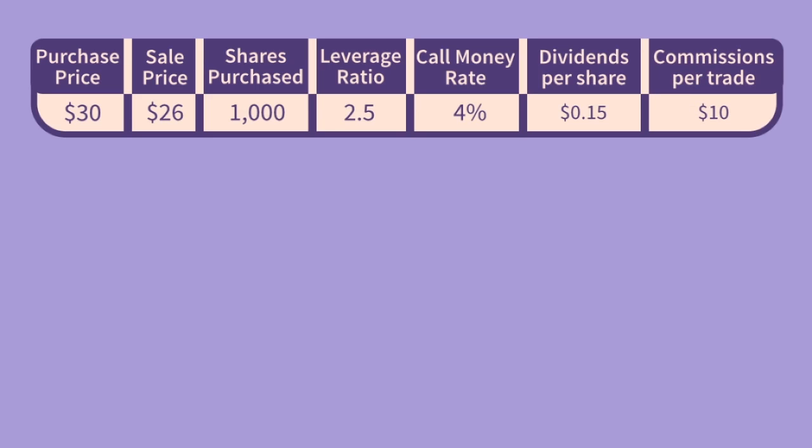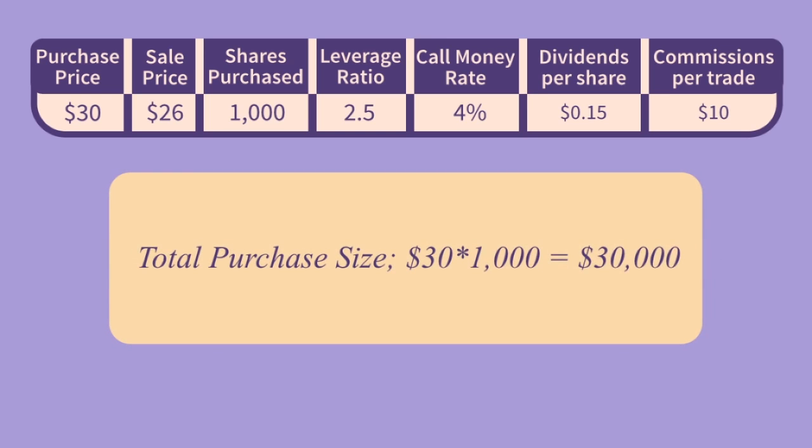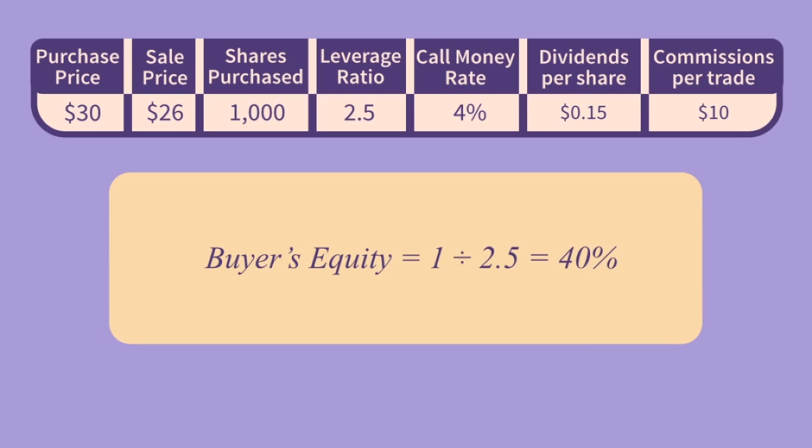The first step to calculating the return of a leveraged position is to calculate the initial equity. In order to do that, the analyst needs the total position size, in this case $30,000, and the leverage ratio. Taking 1 divided by the leverage ratio gives the analyst the equity percentage used to make the purchase.